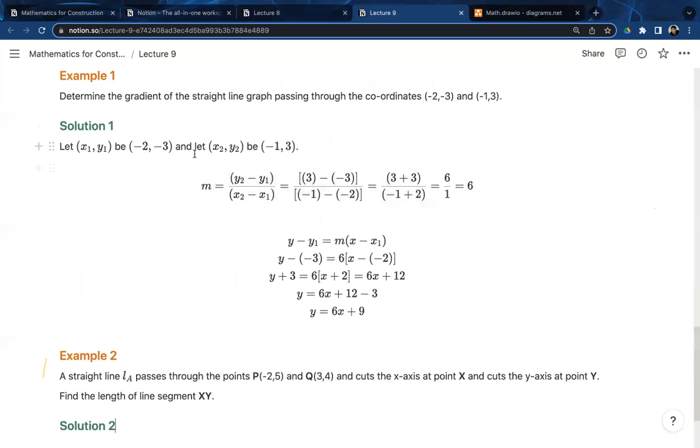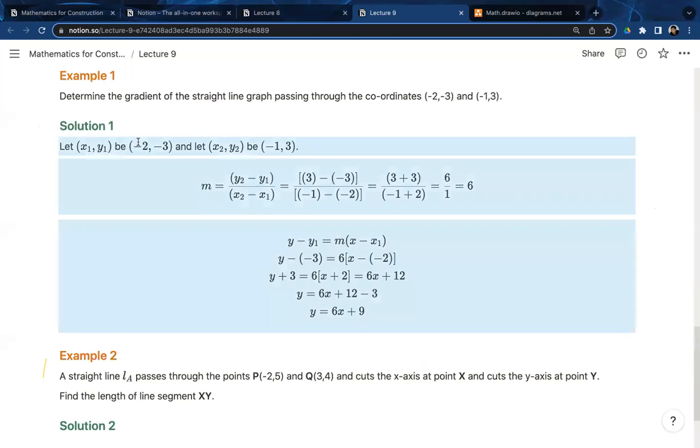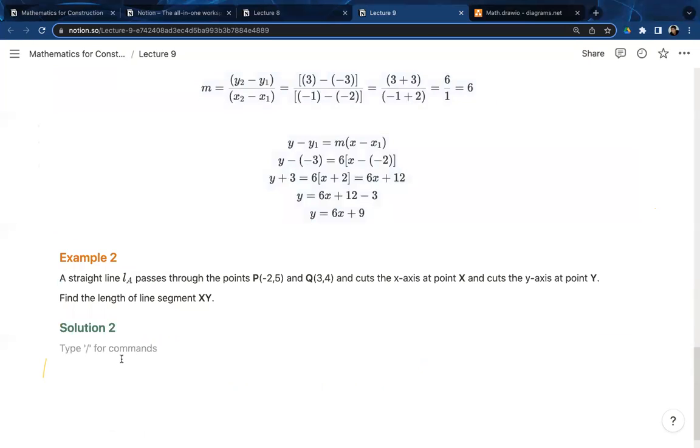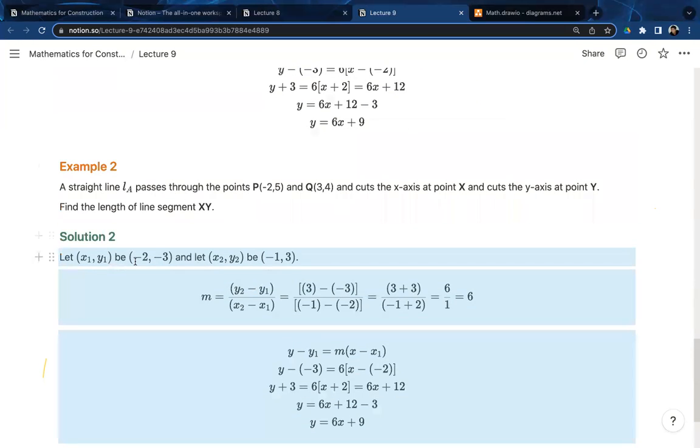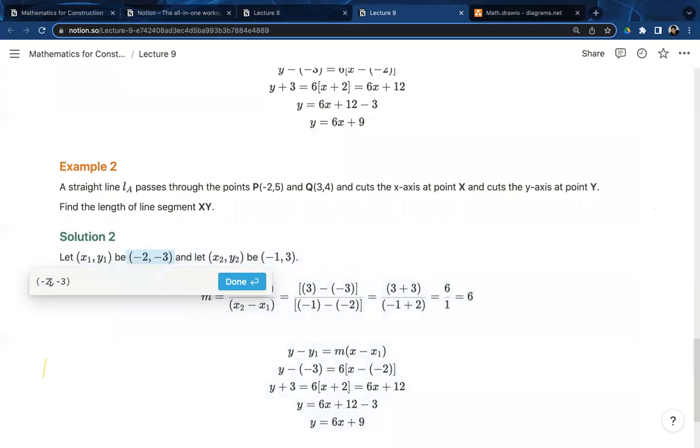I could take this solution here and just paste it here. What are the points? The points are -2, -3 and 3, 4.